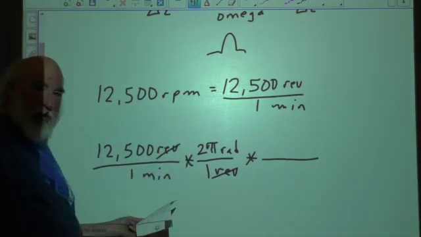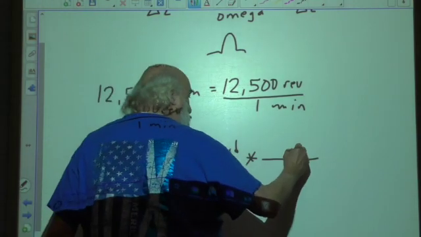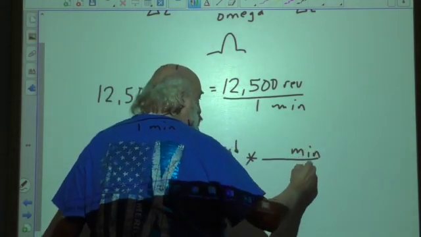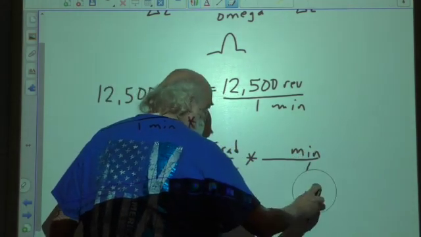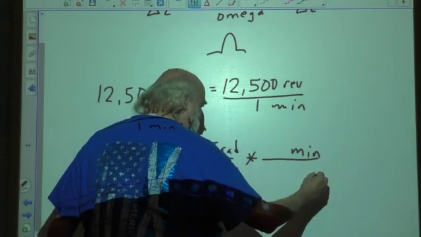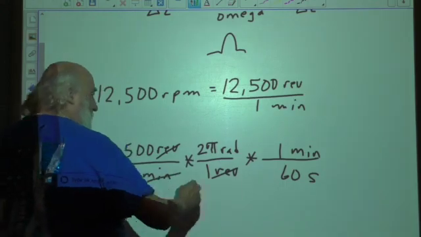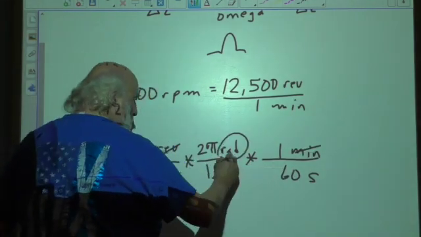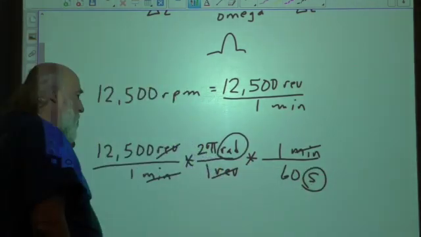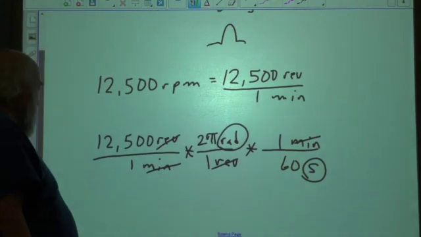So now we have to change minutes to seconds. That's pretty easy. Minutes on top and seconds on bottom. And then 60 seconds per 1 minute. And the minutes cancel out, and that does leave us radians per second when we multiply this thing out.